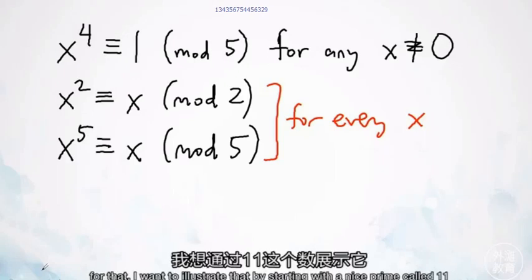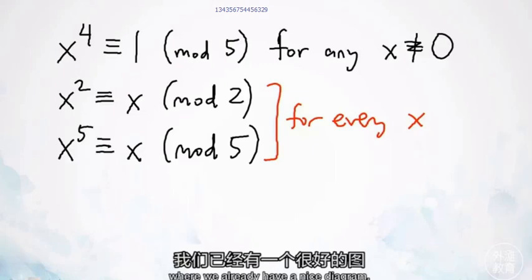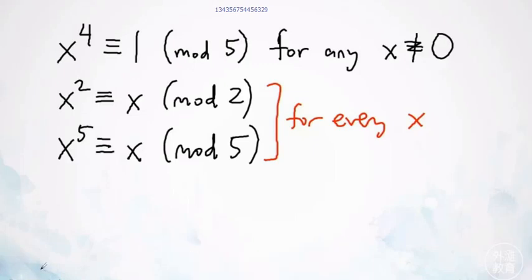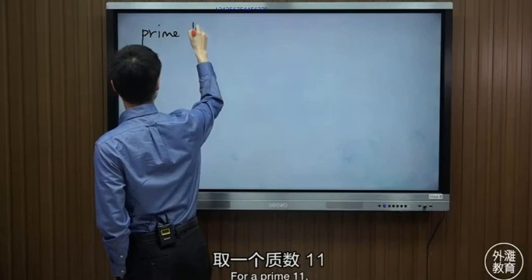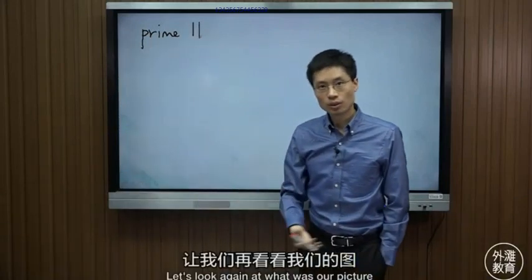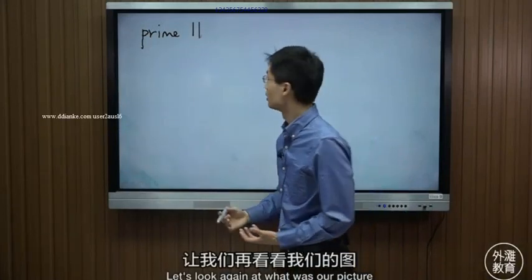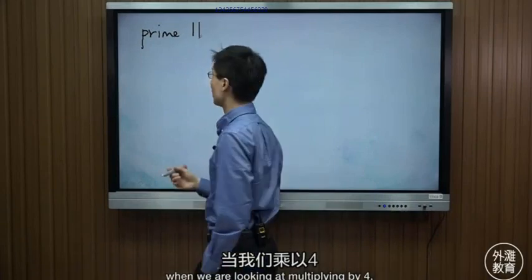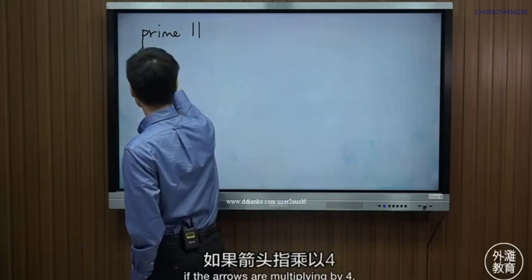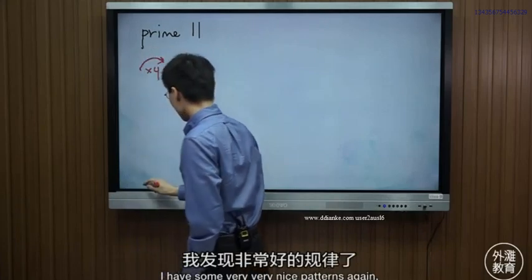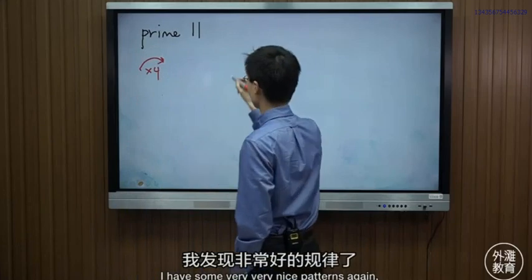For that, I want to illustrate that by starting with a nice prime called 11, where we already have a nice diagram. For a prime, 11, let's look again at what was our picture when we were looking at multiplying by 4. If the arrows are multiplying by 4, I have some very, very nice patterns again.